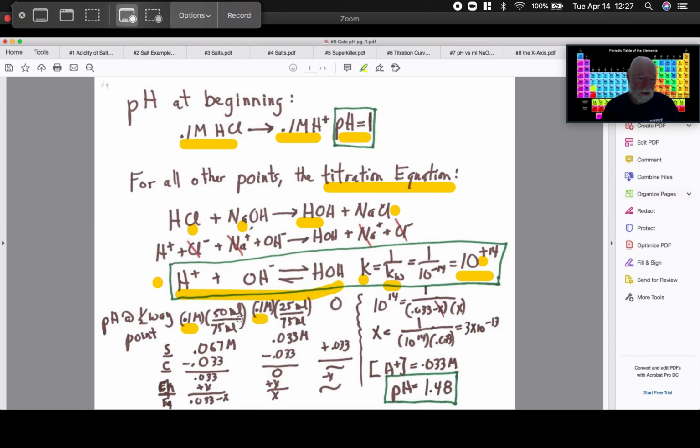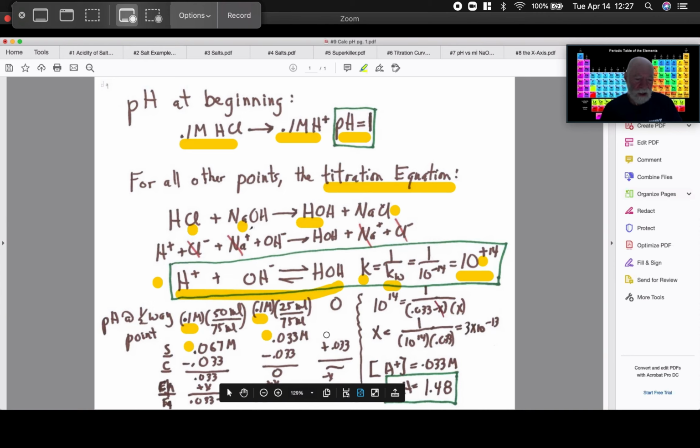So the dilution factor is 50 over 75 for the acid, which on a calculator is about 0.67, so 0.067 molar. Going to the hydroxide, 25 over 75 is 1/3, and 1/3 of 0.1 is 0.033 molar. So at the start, we have diluted acid, 0.067, diluted base, 0.033, and no water yet.